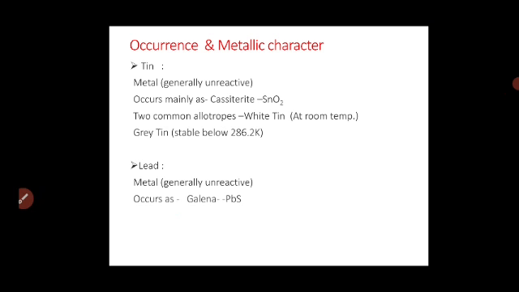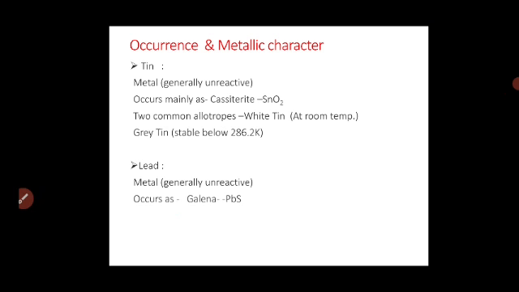Tin occurs in the form of cassiterite, that is SnO2. Now the word starts with T, but the symbol is Sn because the original name is stannous, and from that the symbol is given as Sn.